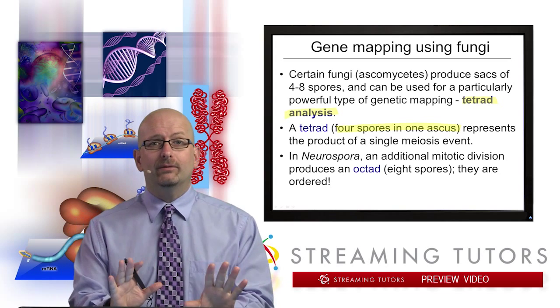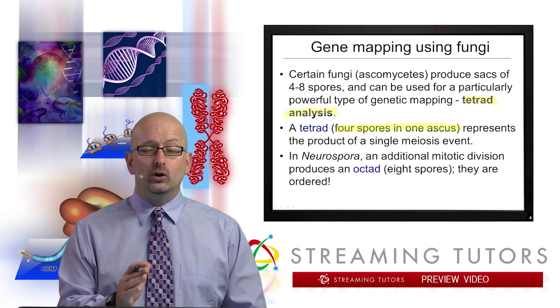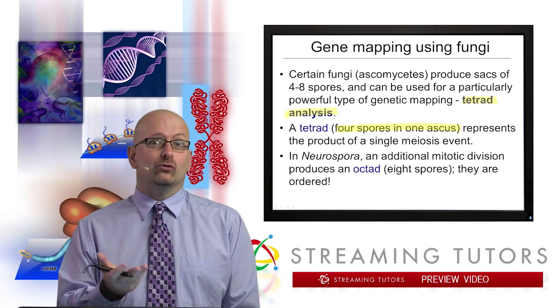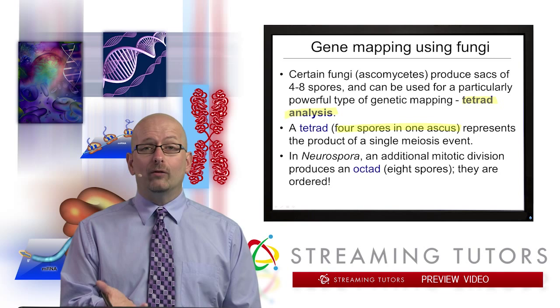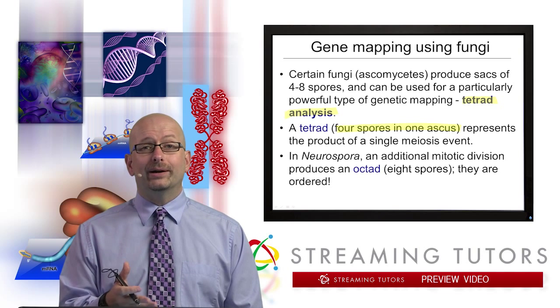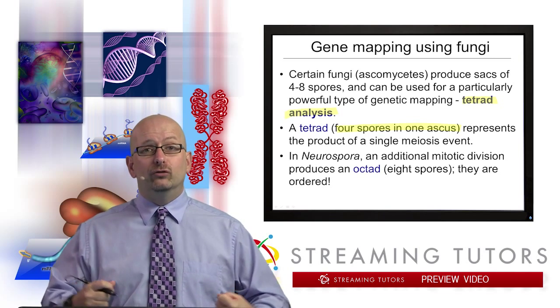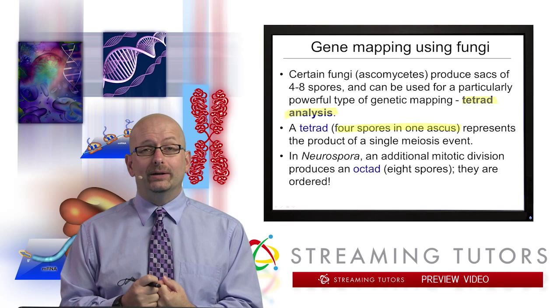So just think for 1 second about what we've been doing. If we do mapping, say in Drosophila, we're actually counting offspring, right? And those offspring are representative of certain combinations of gametes going together.